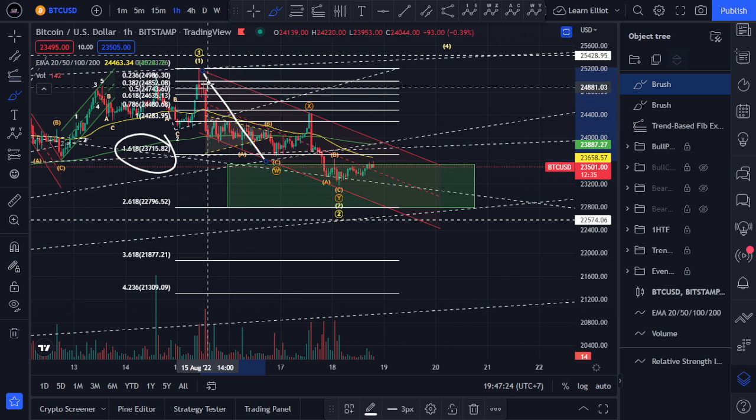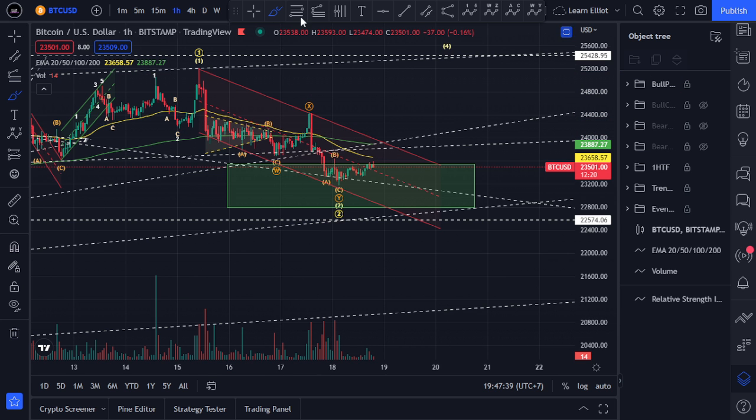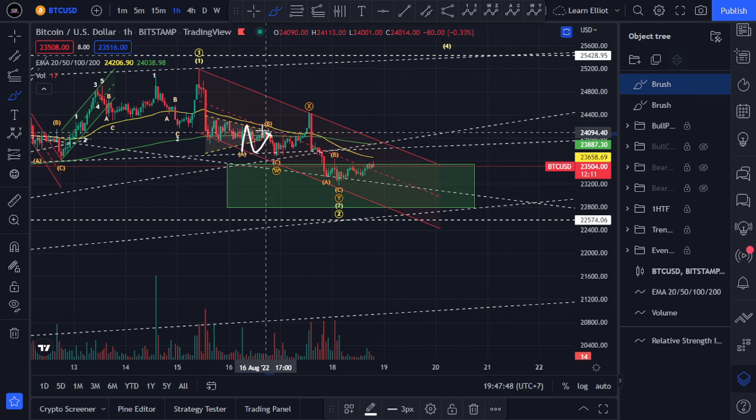Inside the A wave we have 5 minuscule impulses, which is 1, 2, 3, 4, 5 here, and then to the B wave here we have a triple 3-wave pattern, which is a corrective pattern, so an A, B, C, forming the B wave here.